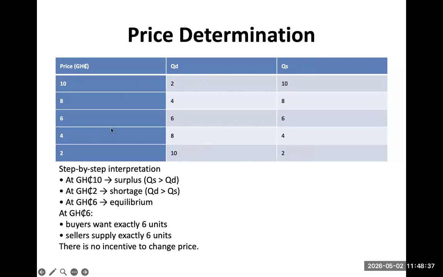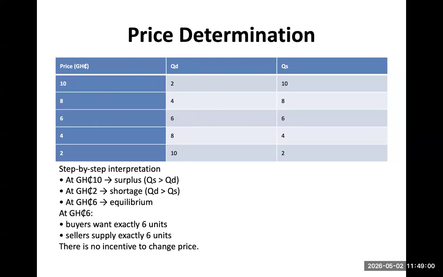So it's at price 6 Ghana cedis where quantity supplied is equal to quantity demanded. The equilibrium price on this table is 6, and the equilibrium quantity on this table is what? It's also 6.